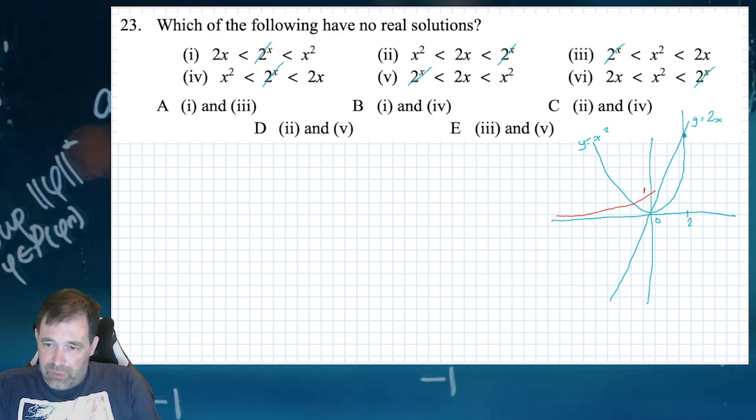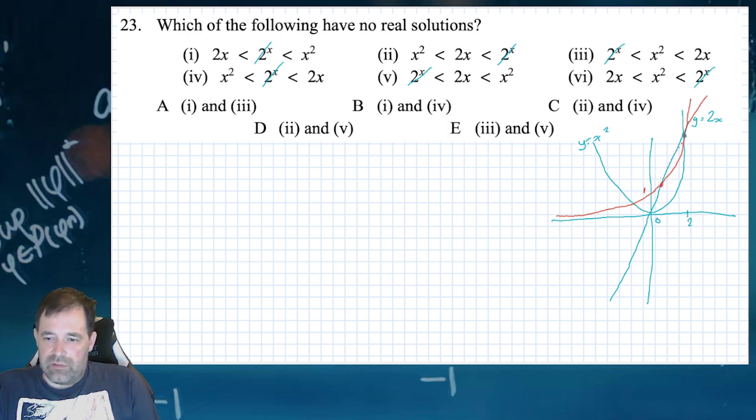So it's actually going to go through the same point here, and we need to decide. The few options: I think it goes under the line y equals 2x. It definitely overtakes the line y equals 2x later. Can we prove that? When x is 1, they're the same, aren't they?